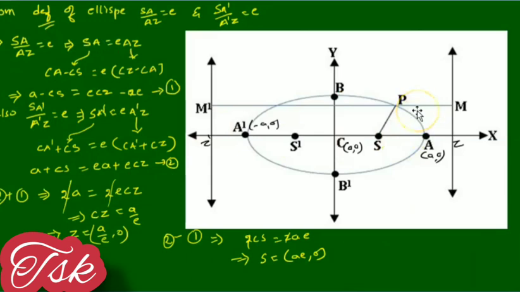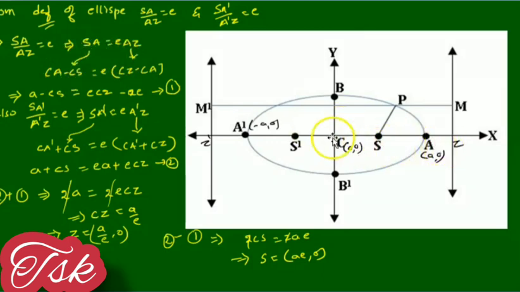Therefore, from the definition of the ellipse, if A and A dash are taken, SA by AZ is E, where E lies between 0 and 1, and SA dash by A dash Z, the ratio of the distances to the focus and to the directrix, is E. Therefore, from the first one, SA by AZ is equal to E. That implies SA is equal to E into AZ.